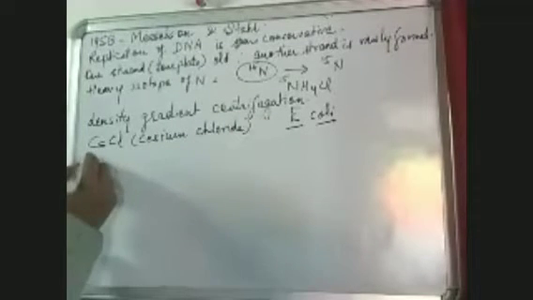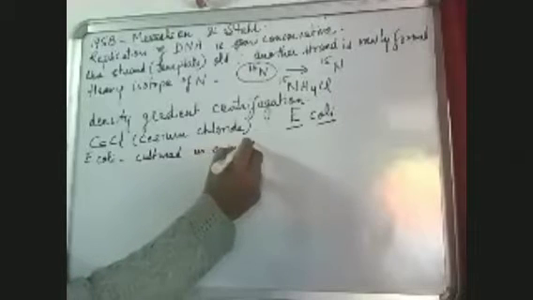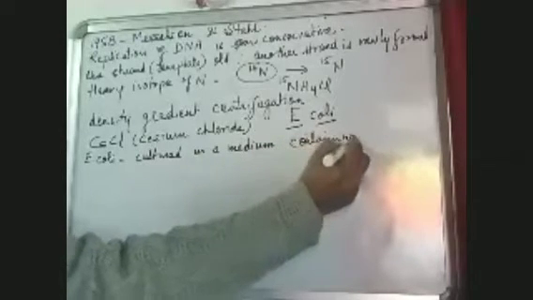So the bacteria used for this experiment was E. coli, and E. coli was cultured in a medium. First of all, this is taken, and then this E. coli was cultured in a medium containing NH4Cl, where this N was the heavy isotope of nitrogen.